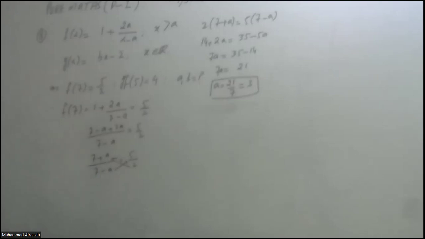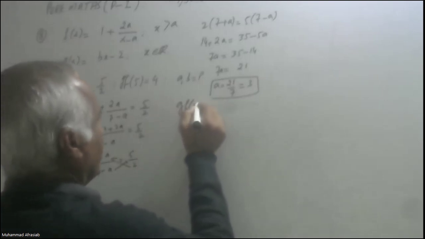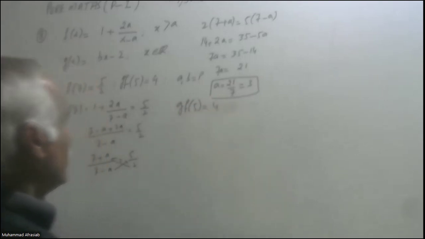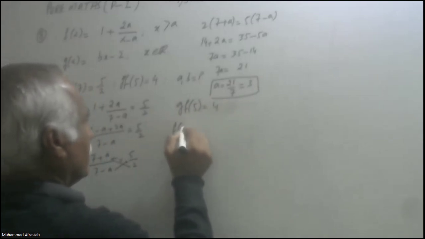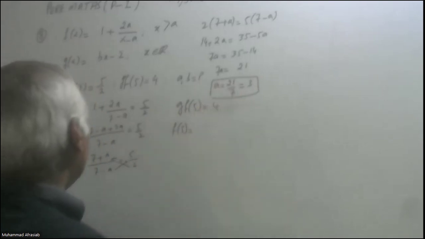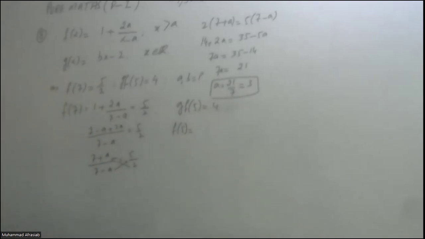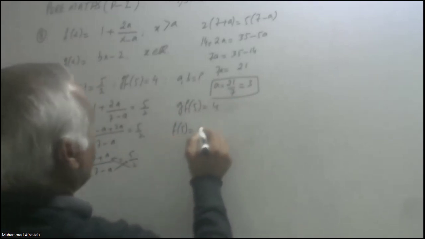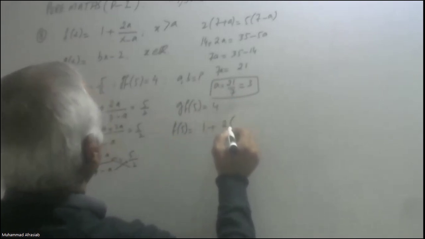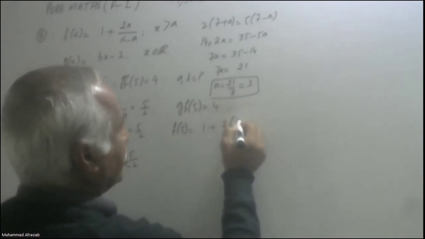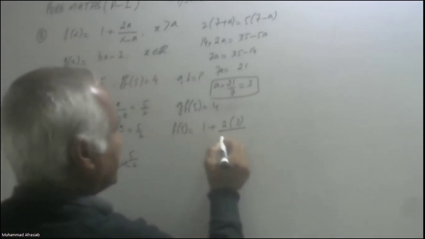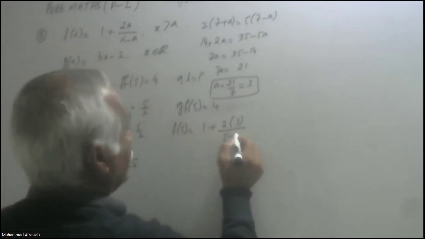Now, g f of 5 is equal to 4. Now, f of 5, after getting a is equal to 3, will be equal to 1 plus 2 into the a value, which is 3, divided by x, which is 5, minus the a value, which is 3.